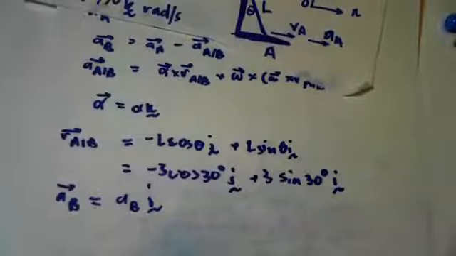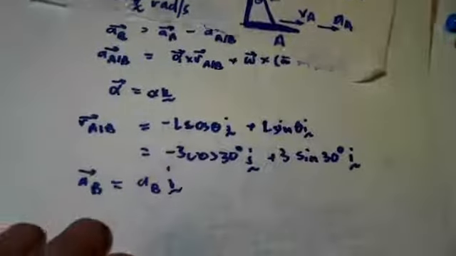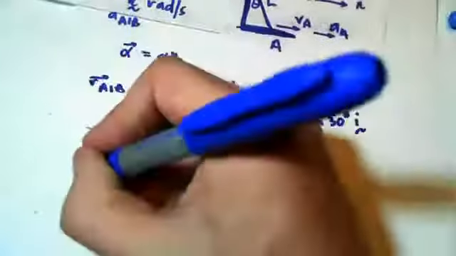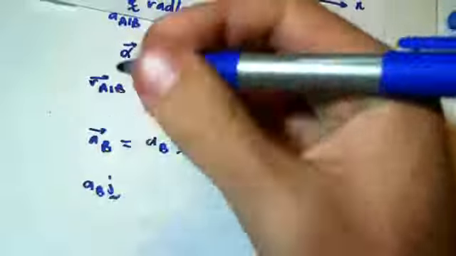Almost run out of paper on this. So acceleration of B is the magnitude of the acceleration of B in the j direction. So what we can do is solve for our acceleration of B and then equate coefficients like we have done in other questions, or like we will do in future questions as well.